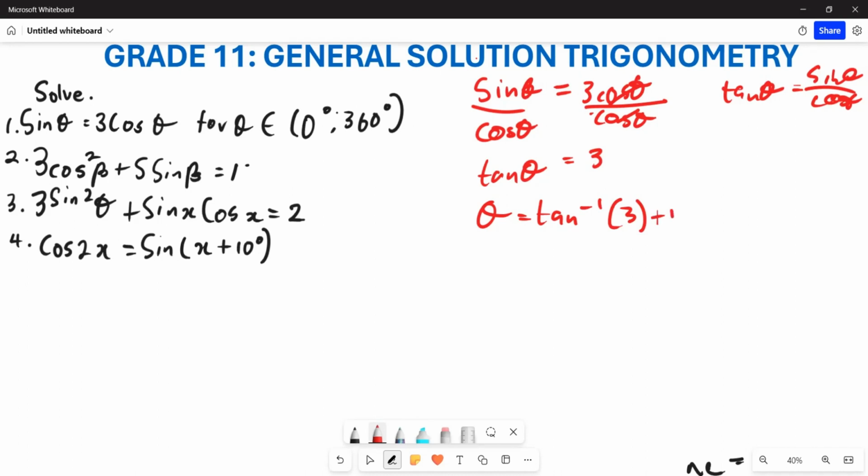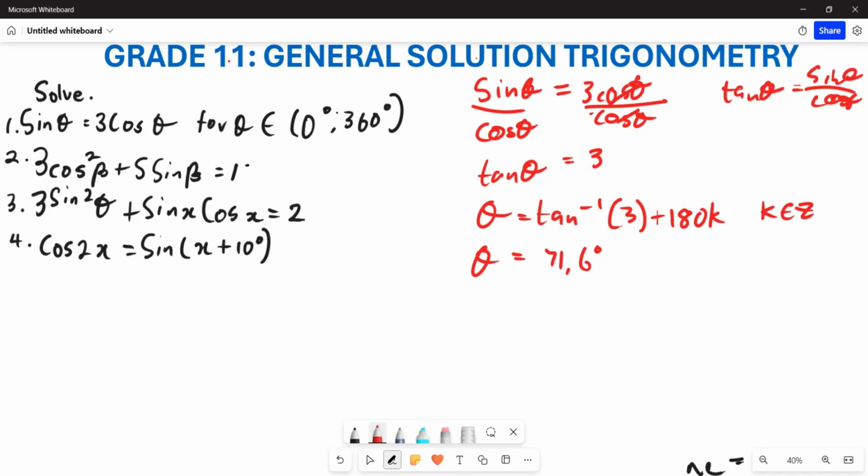So this is going to be 180 degrees times k, where k is an element of the real numbers, right? Then the value of theta that you're going to find is 71.6 degrees.